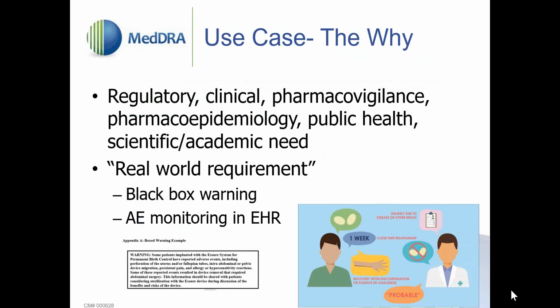In the example on the bottom right, this is a graphic depiction of a patient going in to talk to their healthcare provider about a rash that has appeared, talking to the prescriber about that in the clinic setting.